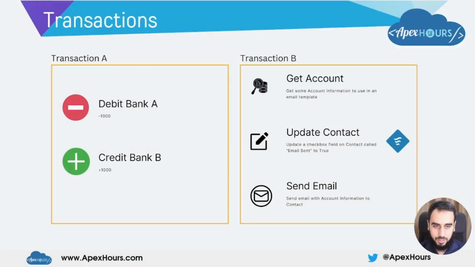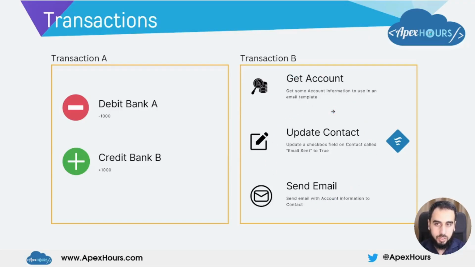Let's talk about transactions. A transaction is a set of operations. An example is get account, then update contact, and then send email as part of one flow. This is a set of operations, which means a transaction. This is one transaction here.